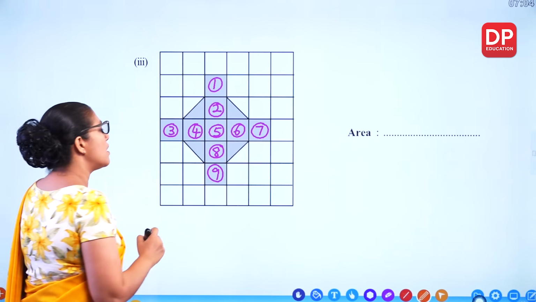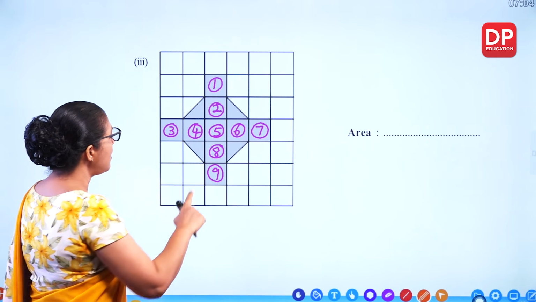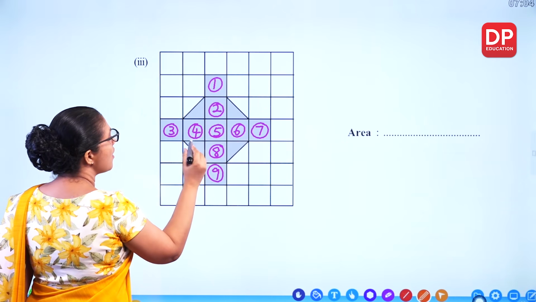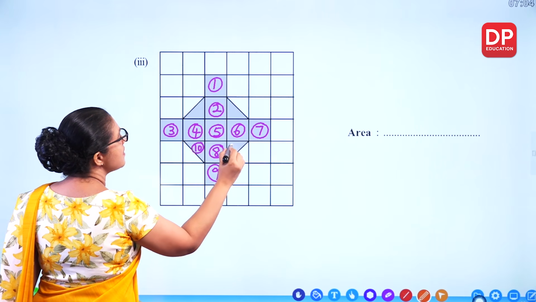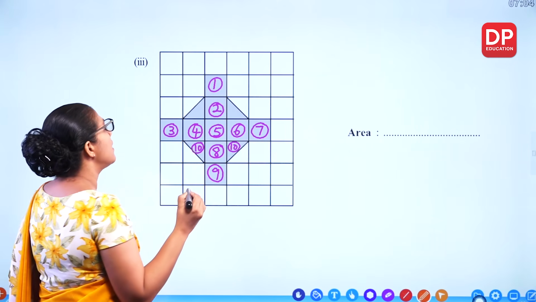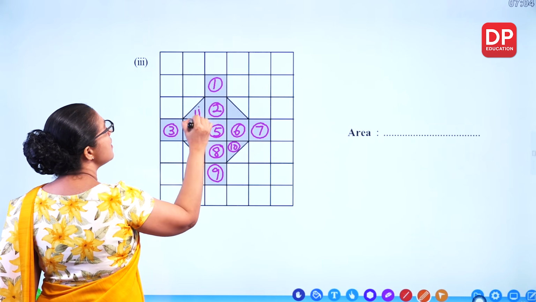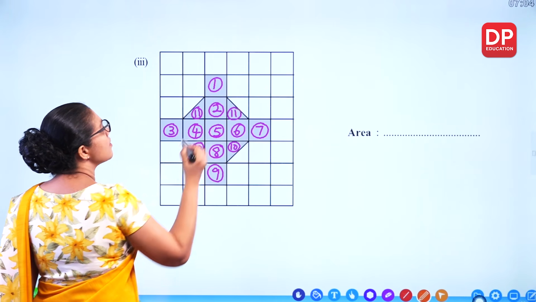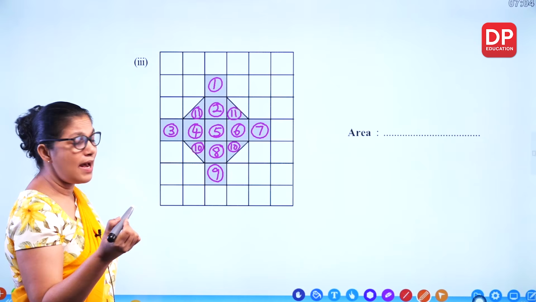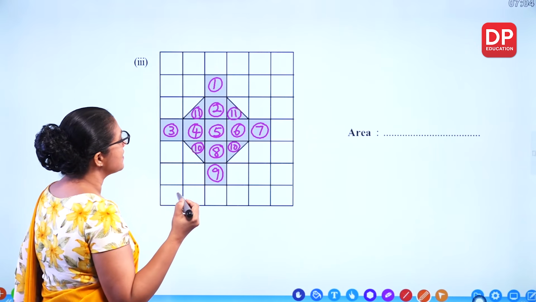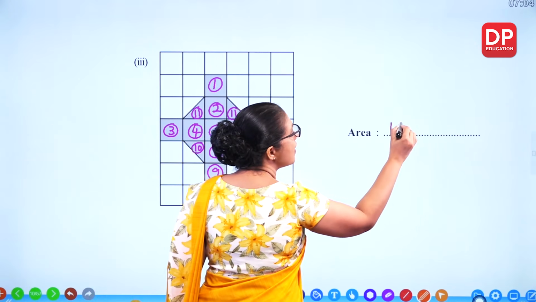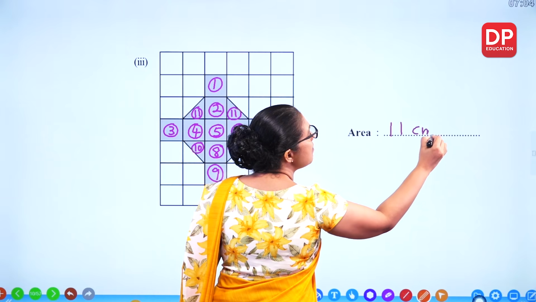Those are full squares. And here, these two you can make 1. So 10. Then these two, another 1 square. 11. So how many squares are there? 11 squares. So what's the area? 11 square centimeters.